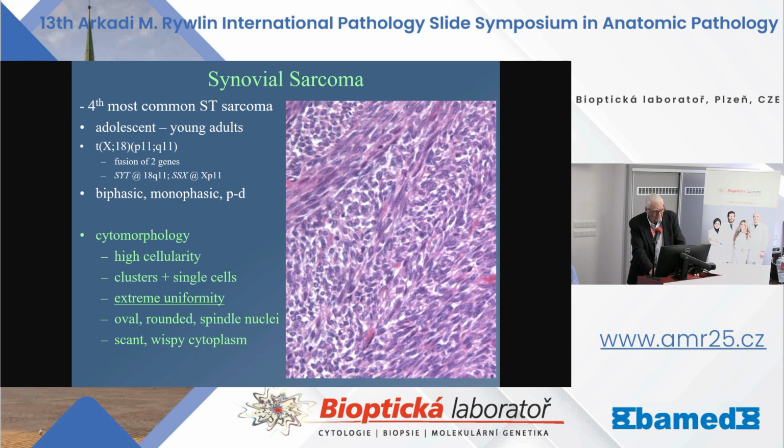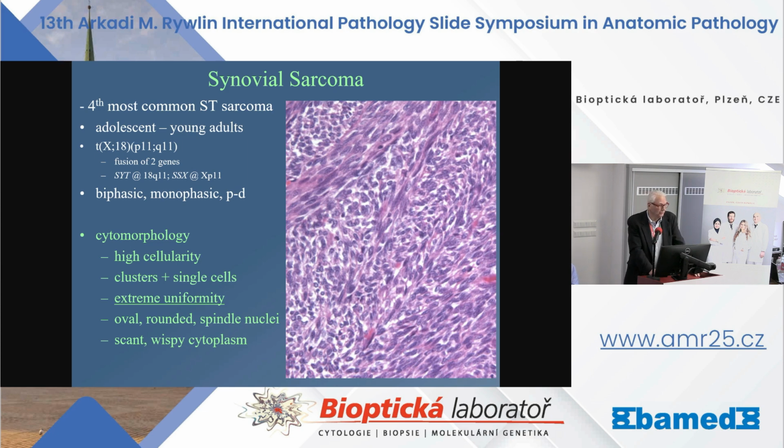The cytomorphology I will show you in a moment, but it looks a lot like a schwannoma. The cellularity is very high. You cannot base a diagnosis of benign versus malignant on degree of cellularity. The cells are present in clusters and in single cells, just like schwannoma. You have clusters and you have single cells. Extreme uniformity, very typical of synovial sarcoma.